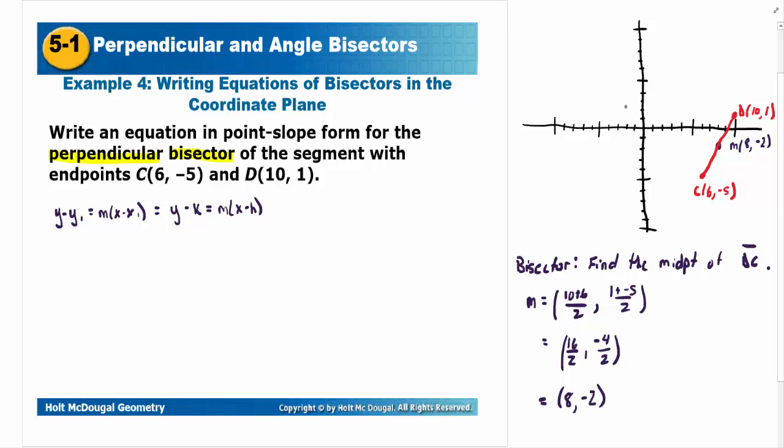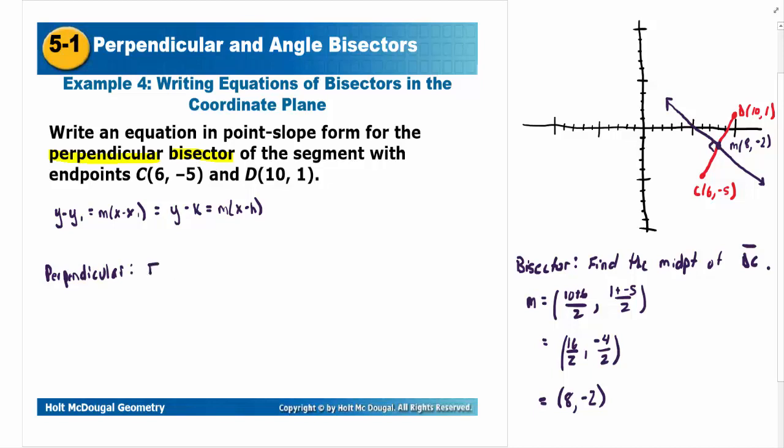Okay, so the next part to this, and I'm going to go ahead and draw it right now. This is my line. I don't know if it's actually going through (5, 0). It looks like it, but I don't really know that. But it's perpendicular to CD. So this is where that next step is going to come in. I'll just do it over here. So now I'm going to talk about the perpendicular part. So here's my approach here.